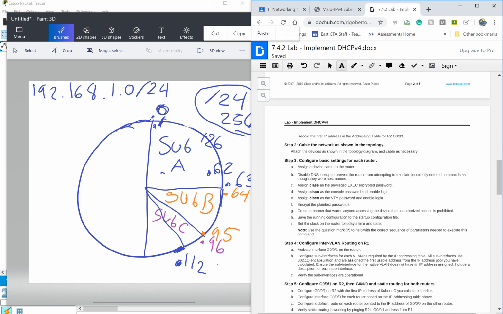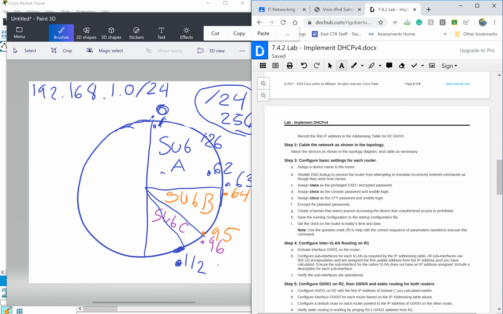All right, so for the next section, it says cable. We already did the cabling. I'm going to pause my video right here and pick it back up after I do the basic settings. Or you know what? I'm not going to do the basic settings. You guys do the basic settings.